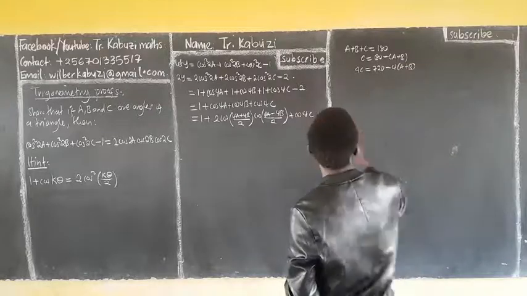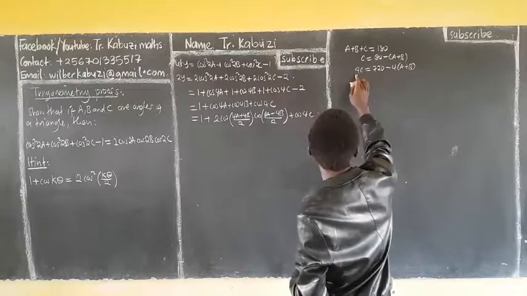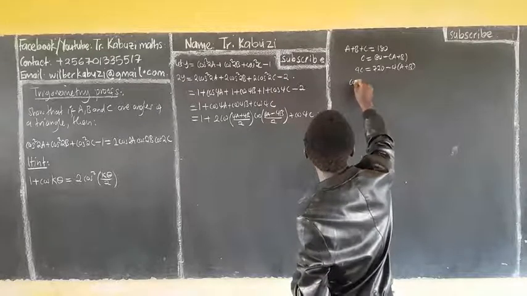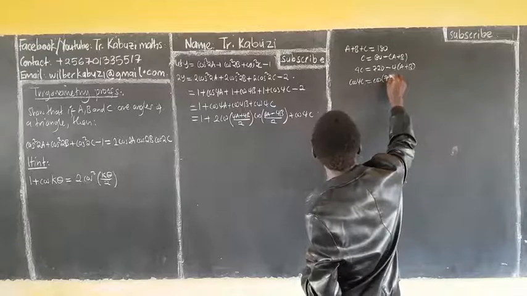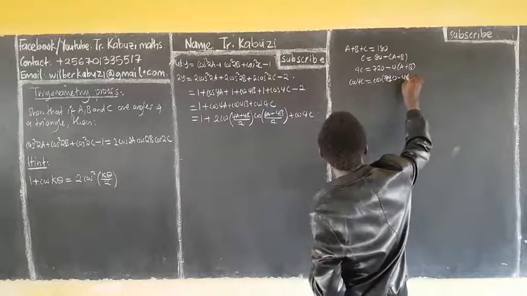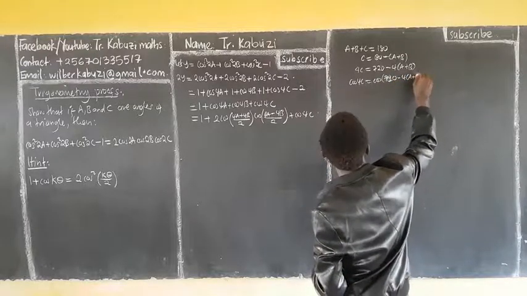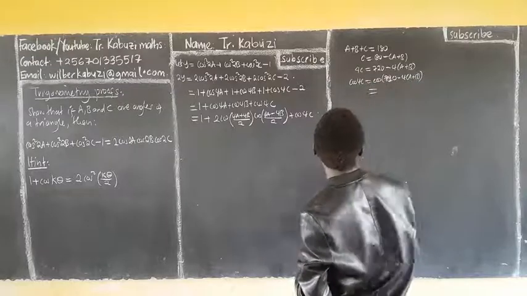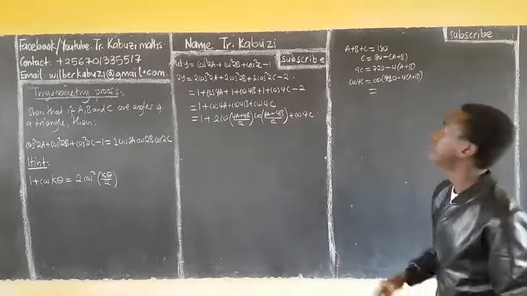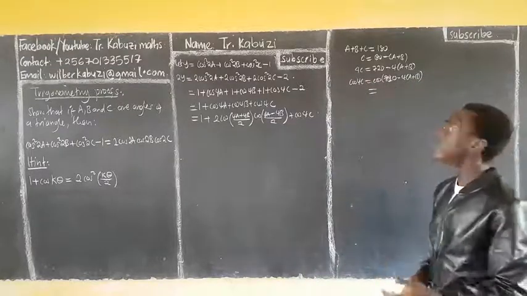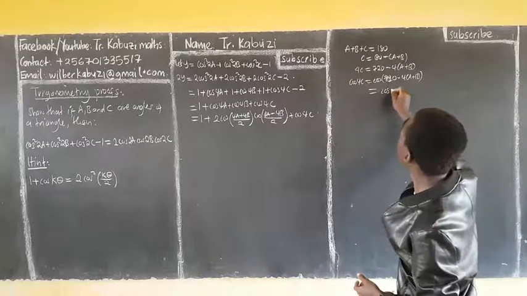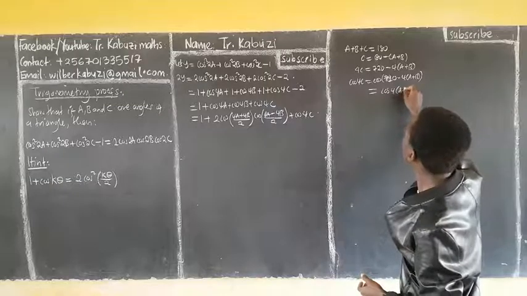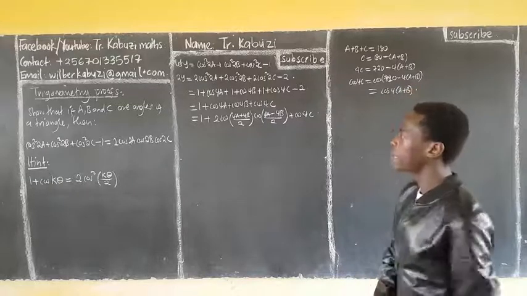Now from here, I introduce cos. First, cos 4C will be cos of 720 minus 4(A plus B). Since 720 minus something is in the first quadrant, cos is positive. So this will be cos 4(A plus B).